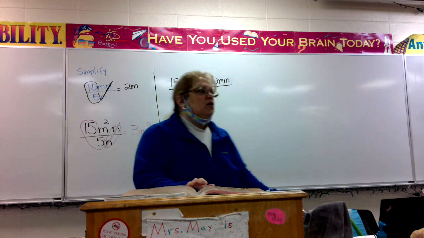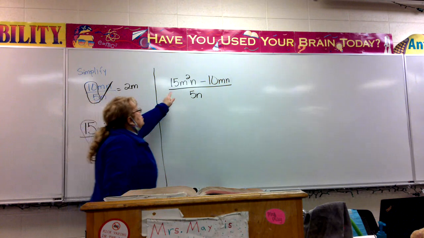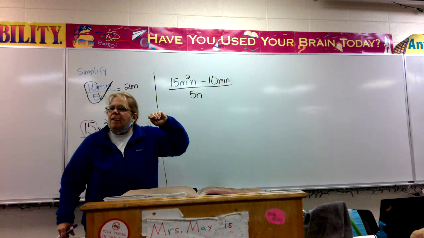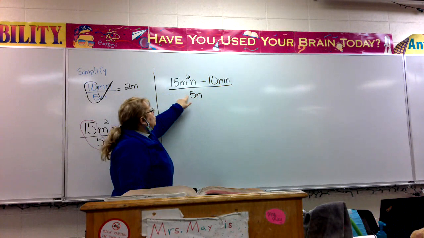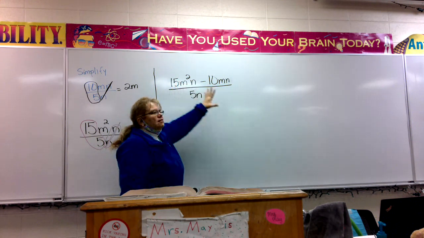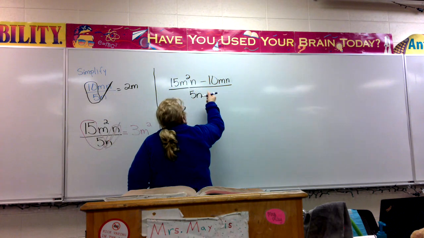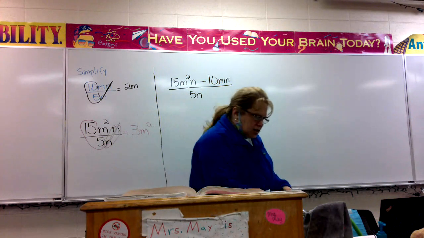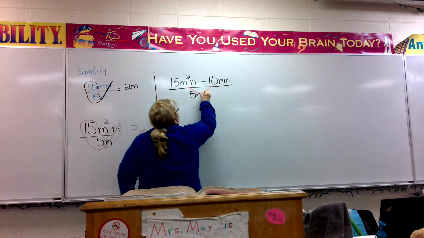I am going to require that you write it like this first. When you have multiple terms in the numerator and only one in the denominator, this denominator goes with all of the numerator, every single term. So it goes with this, and it goes with this.